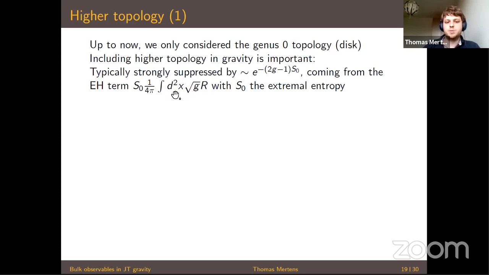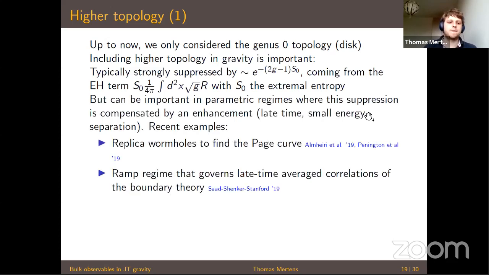The Einstein-Hilbert term is topological. It is just the Euler character. So in the path integral, this just gives you this factor. At higher genus, as long as S0, the extremal entropy, is sufficiently large, which we will assume, higher topology seems very suppressed. So we shouldn't consider it.